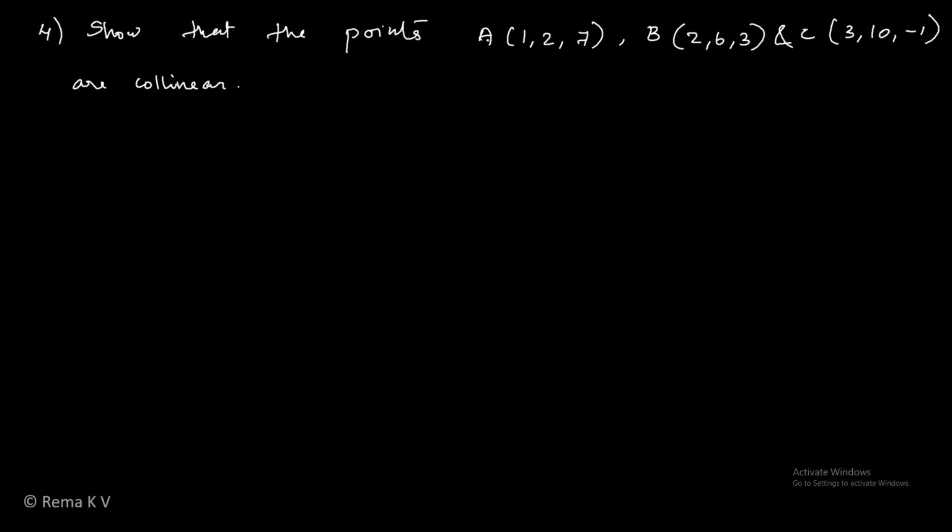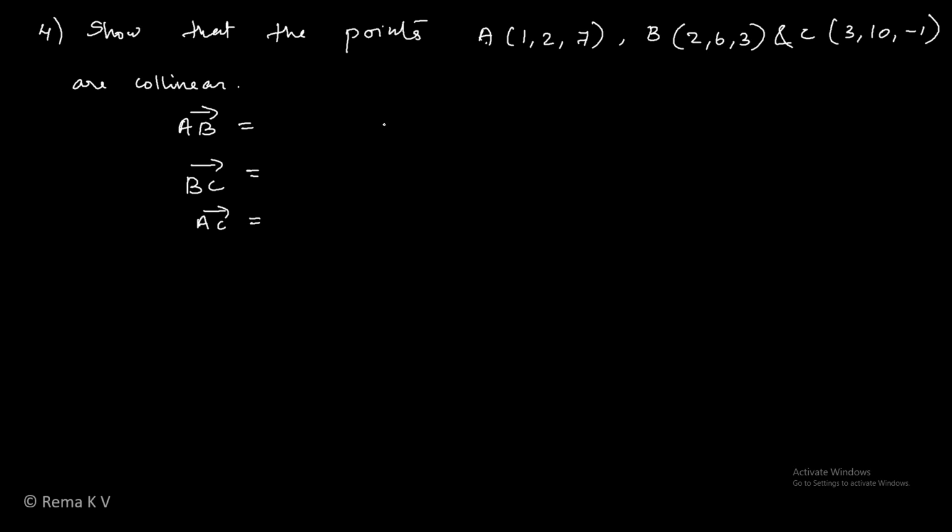That is, we have to show that A, B and C lie on the same line. To show that, let us first find vector AB, then vector BC and vector AC. Let us find these three vectors.